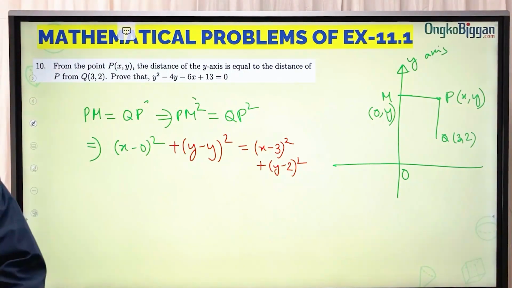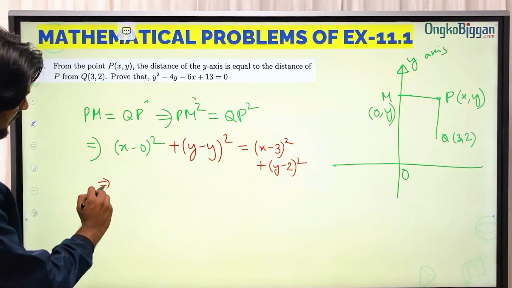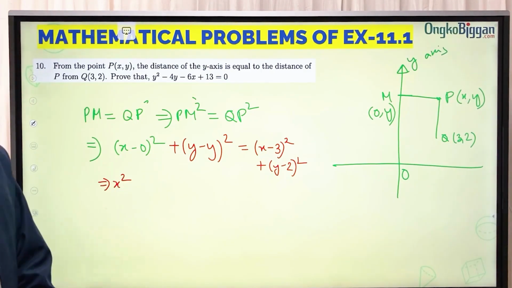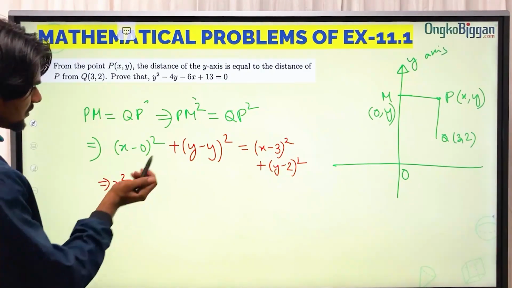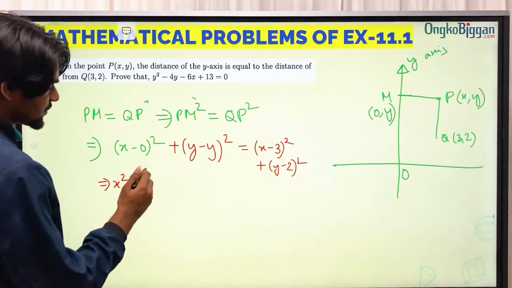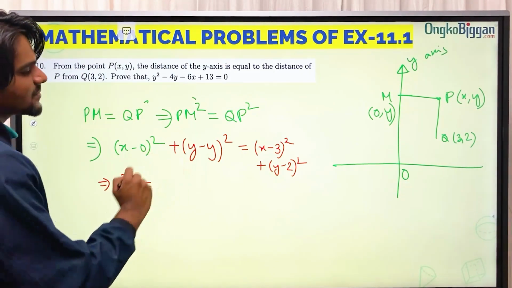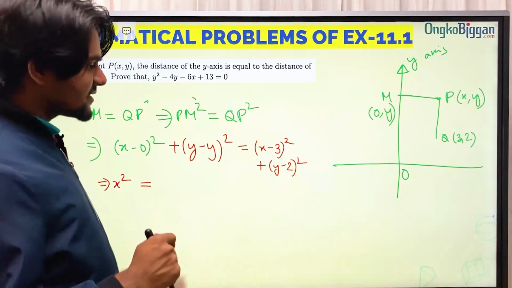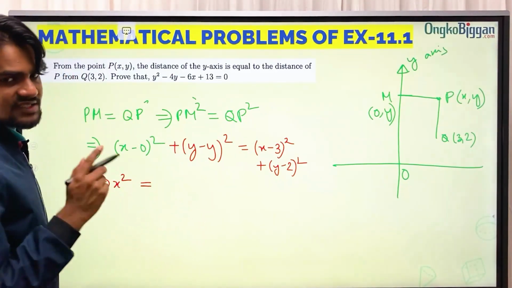So x minus 0 is x, so it can be written as x square, and y minus y is 0, so 0 square is 0, so there is no need to add it. So x square is equal to (x minus 3) whole square plus (y minus 2) whole square. Let us expand them by normal expansion.